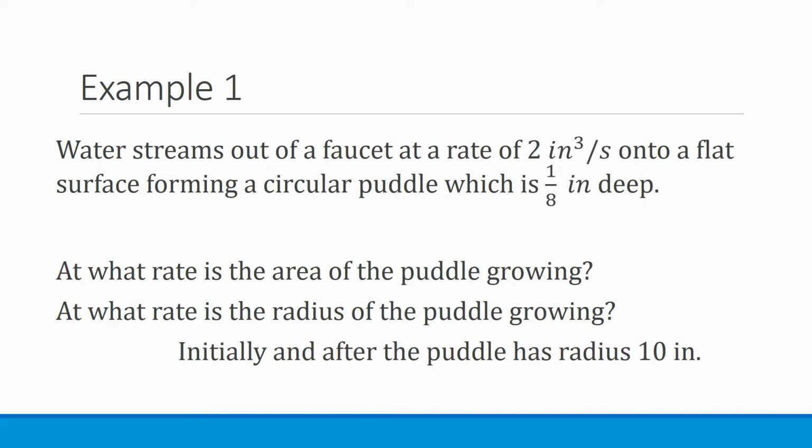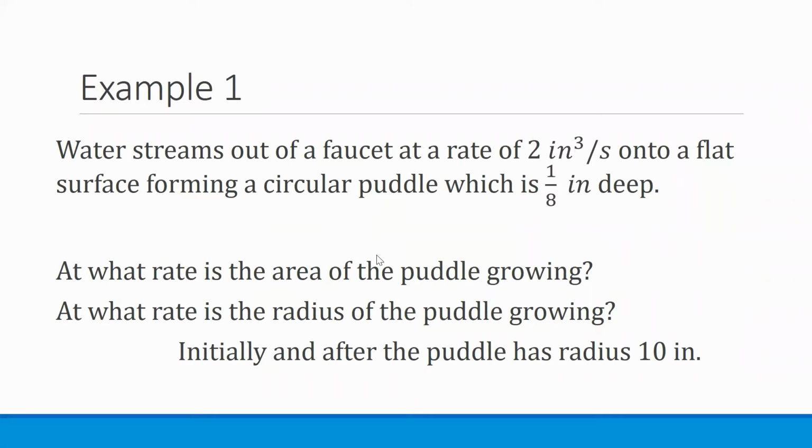At what rate is the radius of the puddle growing? Let's do this initially, so when the spigot is just turned on, and let's do this after the puddle has a radius of 10 inches. So at what rate is the area growing? At what rate is the radius growing?